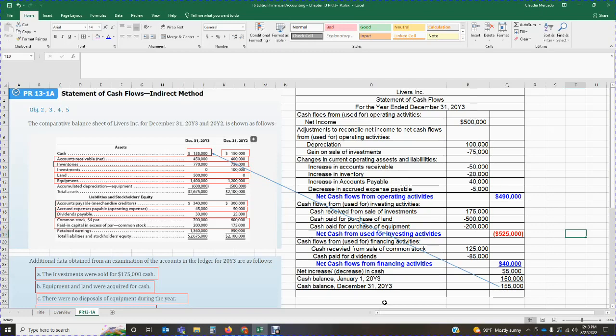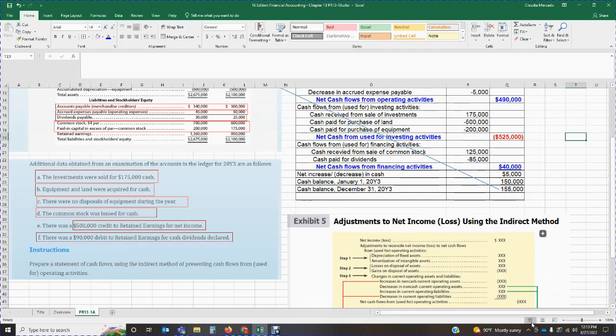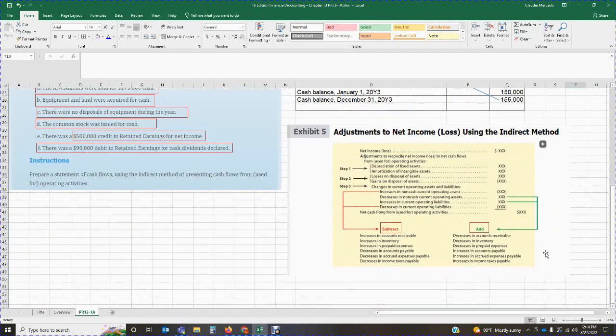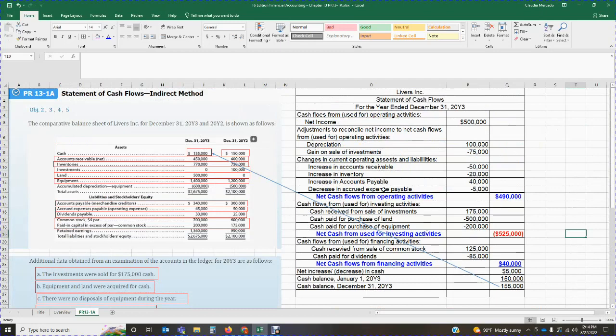This is a completed statement of cash flows. You will have a statement of cash flows on your upcoming test. Please analyze the information carefully. Pace yourself. Use Exhibit 5 when you are creating your operating activity section of the statement of cash flows, which is the most difficult part.